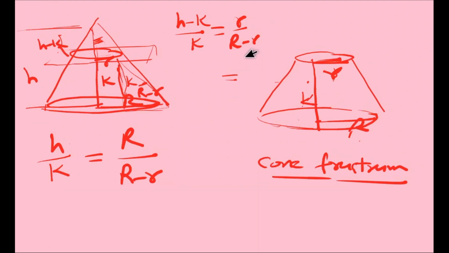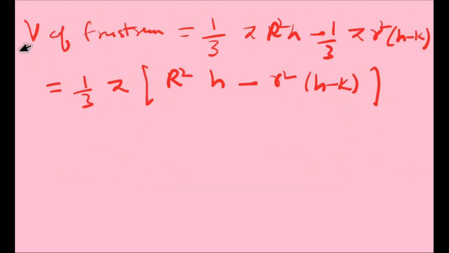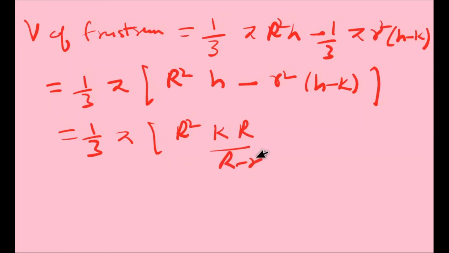Using h and h minus k, what can we use here? Now we can write 1 by 3 pi, R square, and from h we can put kR upon R minus r, and for r square here we can put small r, k r upon R minus r.